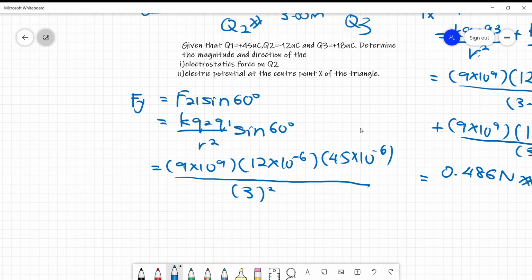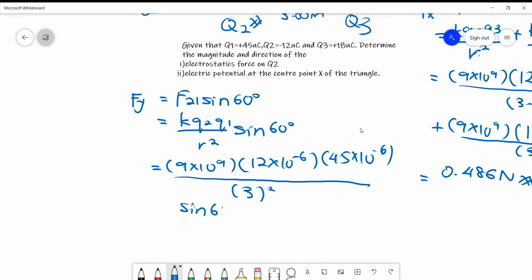So this will be the sine 60 degrees. 9 times 10 to the power 9, 12 times 10 to the power negative 6, 45 times 10 to the power negative 6 divided by 3 square, and this is sine 60. So this is 0.468, and this is Newton.